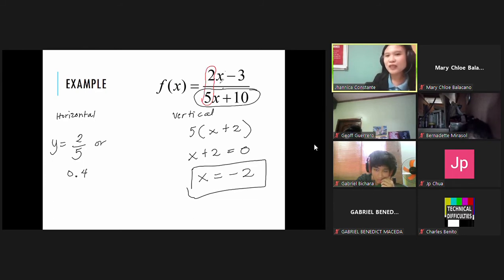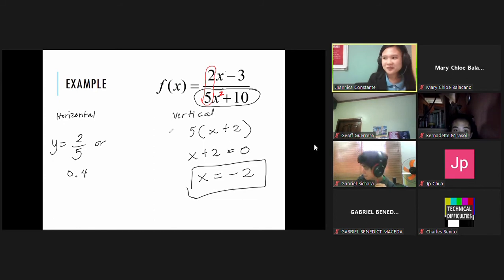But if they have different exponents, for example, the exponent of the numerator is 1 and the exponent of the denominator is 2, always get the exponent of your denominator. For example, here, if we're going to change it, your horizontal will become 2 since that is the exponent of the denominator.